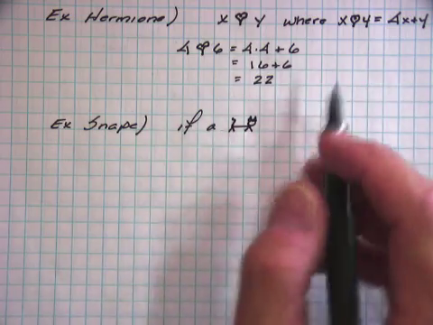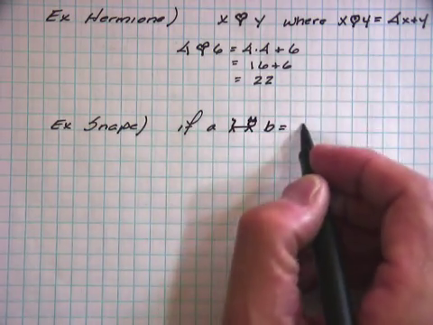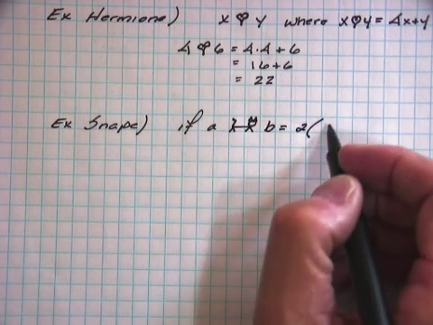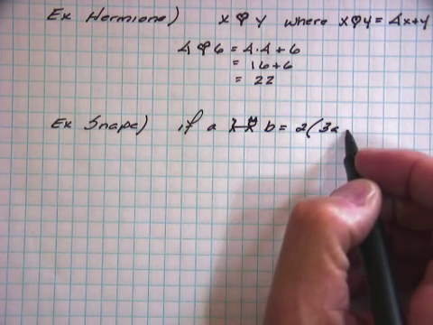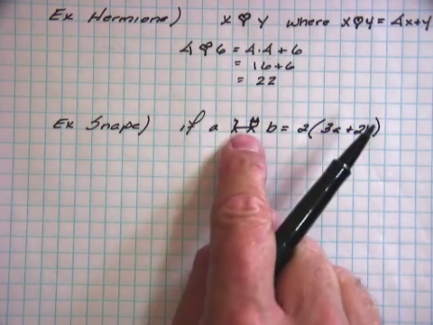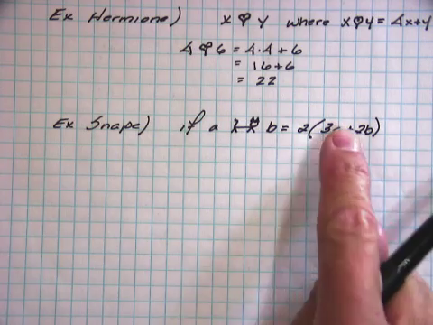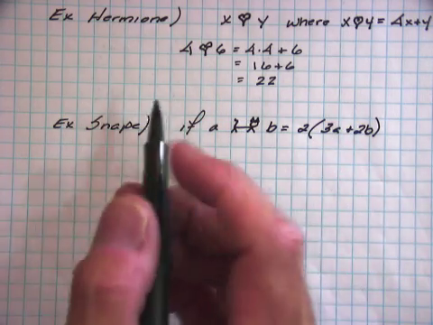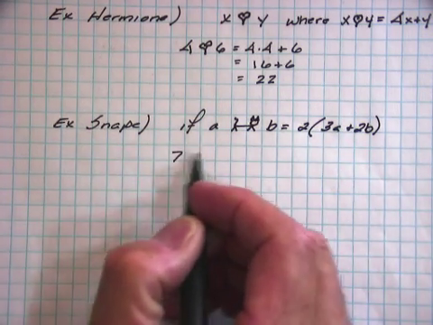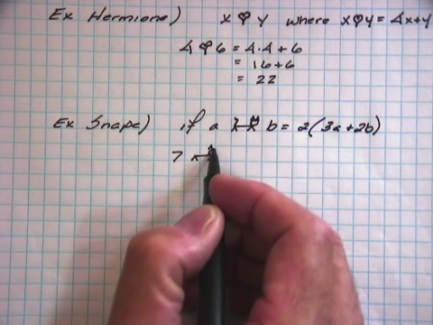So I've defined an operation. A cat B is the same as saying 2 times 3a plus 2b. So I've defined the cat symbol as being this. All right?